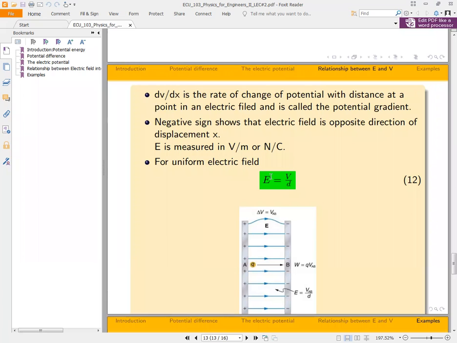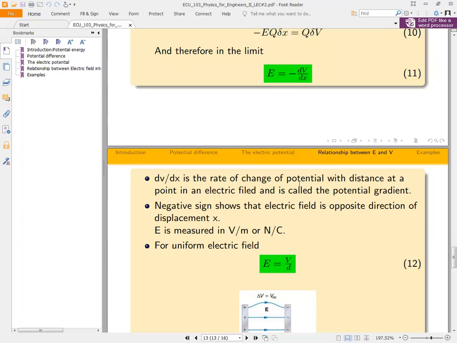Today, we are defining electric field intensity as voltage over the distance between the charges. So either of the two definitions can be used depending on what scenario you are dealing with. So take note again of the equations that I'm highlighting in green.